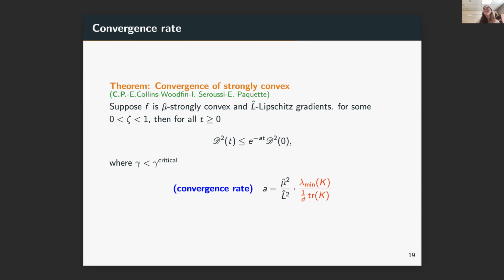This is different from what you would traditionally get, which is more like the smallest eigenvalue of K over the largest eigenvalue of K. So in all these problems, the average eigenvalue is playing a much bigger role. And in fact, for many data sets, the average eigenvalue of K is much, much smaller than the largest eigenvalue. So maybe you're actually getting a much faster rate.